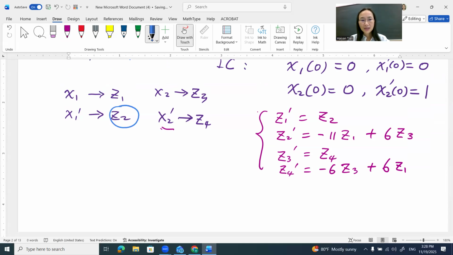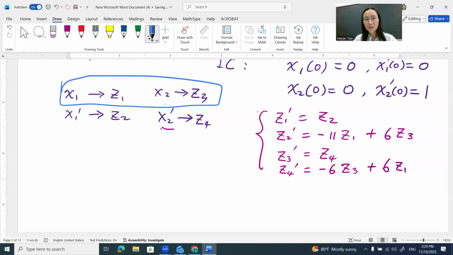Z2 is the velocity of the first object. Z3 is the displacement of the second object. Z4 is the velocity of the second object. So as a result, if we get Z1 and Z3, we will be able to get X1, X2 in the original second order equation. Just to remember, in the original problem of second order, we have only X1, X2.